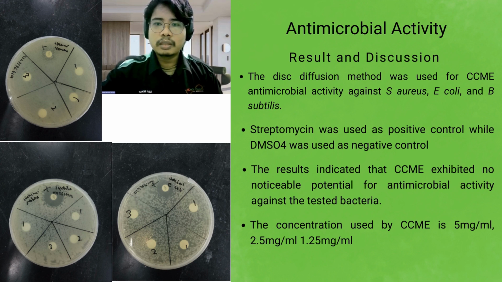The diffusion method was used for C. citratus methanol extract antimicrobial activity against Staphylococcus aureus, Escherichia coli, and B. subtilis. The concentrations used for C. citratus methanol extract were 5 mg per ml, 2.5 mg per ml, and 1.25 mg per ml.